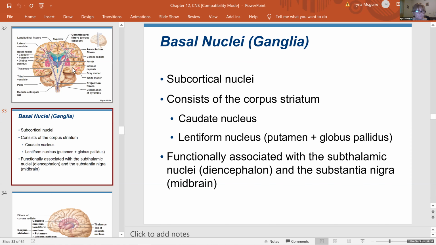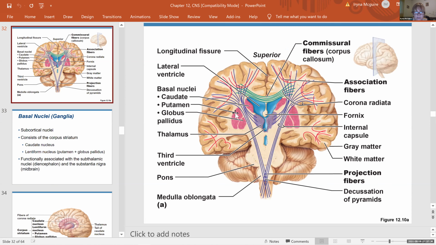Right, so pretty much this is the whole structure, 1, 2, 3. This is the basal ganglia, a very important structure in many neurological diseases, like Parkinson disease, for example, right?